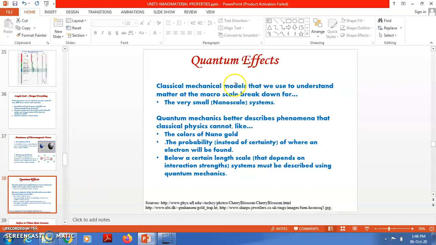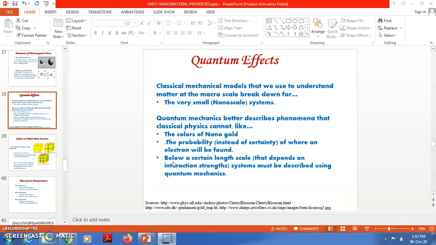Then quantum effect. Now we are going to see the quantum effects. Here the classical mechanical models that we use to understand matter at the macro scale break down when we get to the nanoscale system.